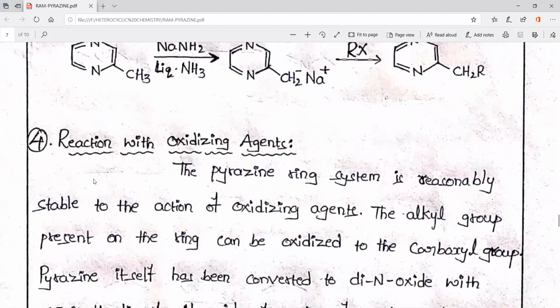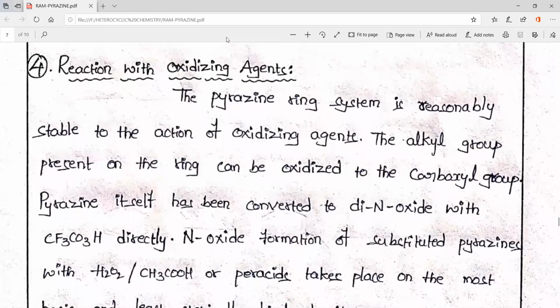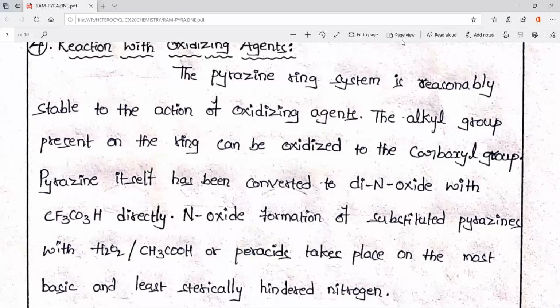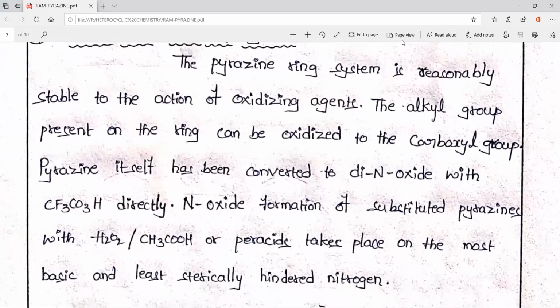So reaction with oxidizing reagent. As the other diazines, pyrazine ring system is stable to the action of oxidizing reagent. So we have seen the other diazines, pyridazine and pyrimidine.